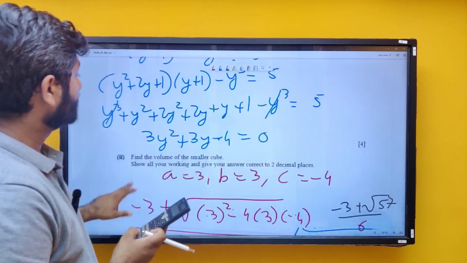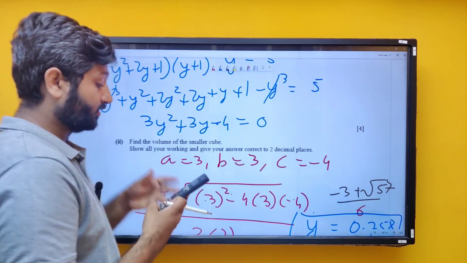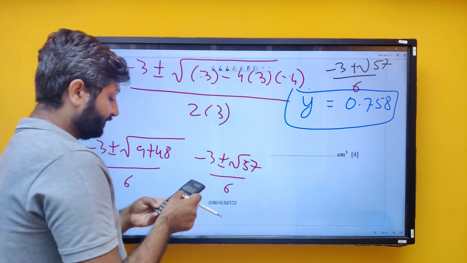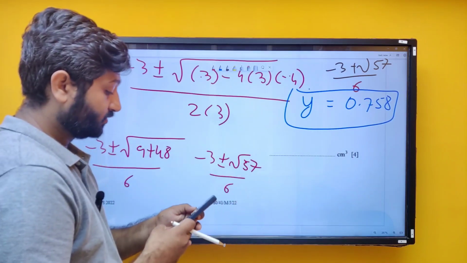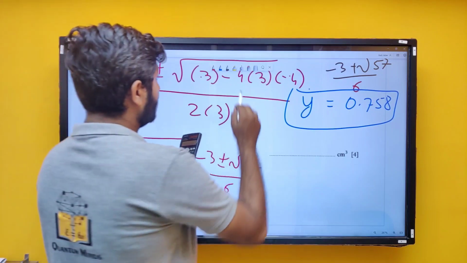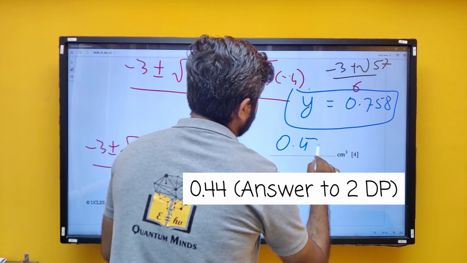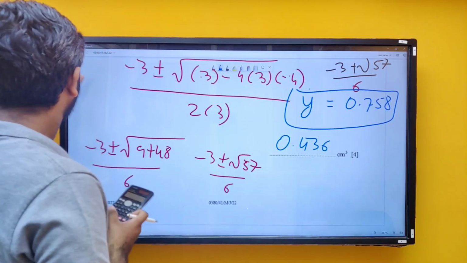Let me also check. My a is 3, b is 3, c is minus 4. Yes, 0.758, the answer is correct. So I'm supposed to find volume. Volume is the cube of this, which is 0.436. So the volume of the smaller cube is 0.436 centimeter cube.